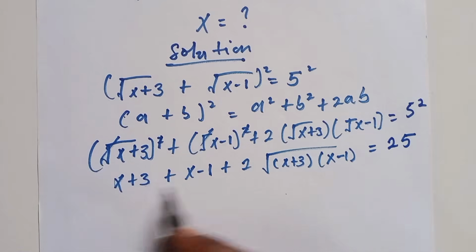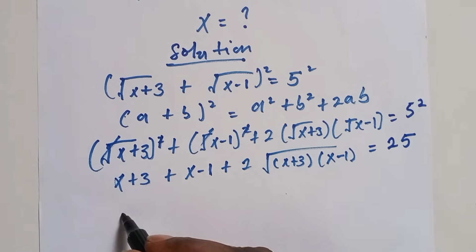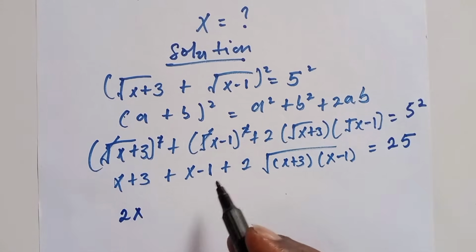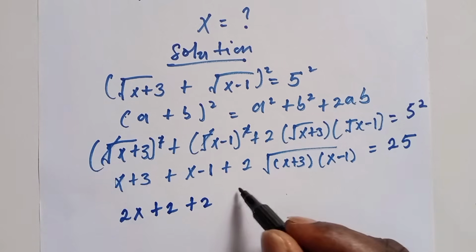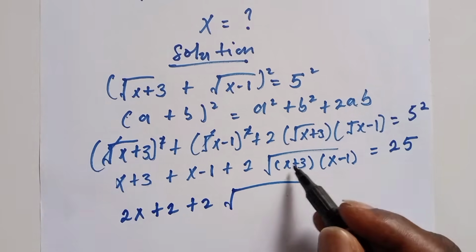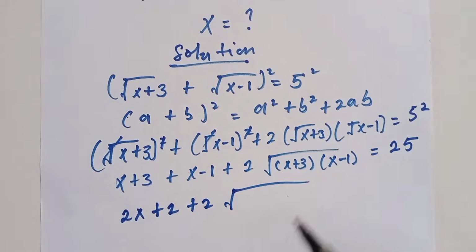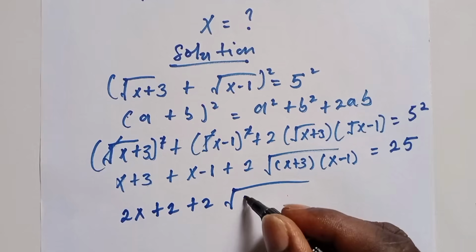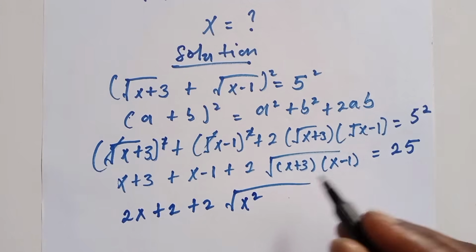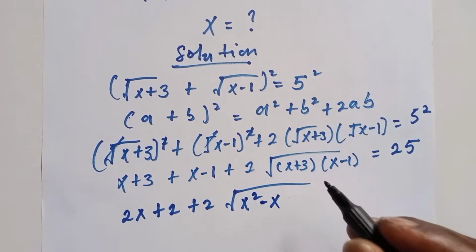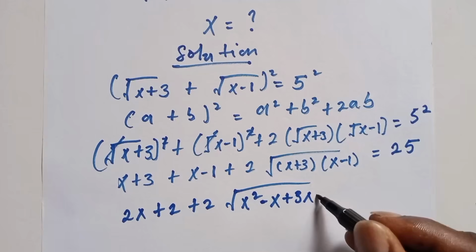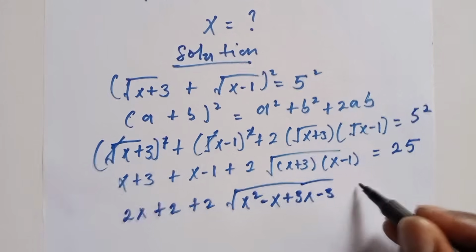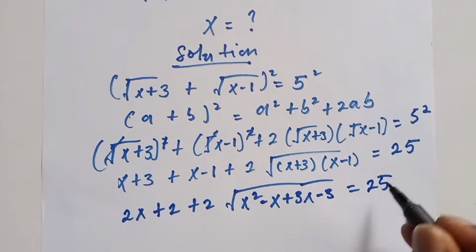So from here, x plus x will give us 2x, and then 3 minus 1 will give us plus 2, then plus 2 roots. If we expand it, x times x will give us x squared, and then x times minus 1 will give us minus x, 3 times x will give us plus 3x, and 3 times minus 1 gives us minus 3, is equal to 25.